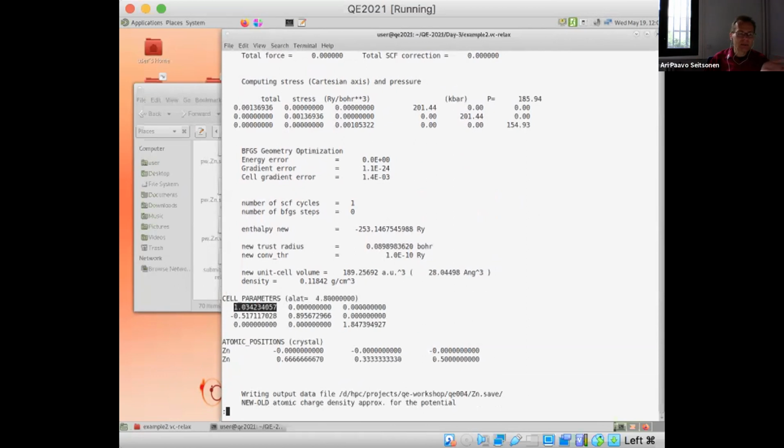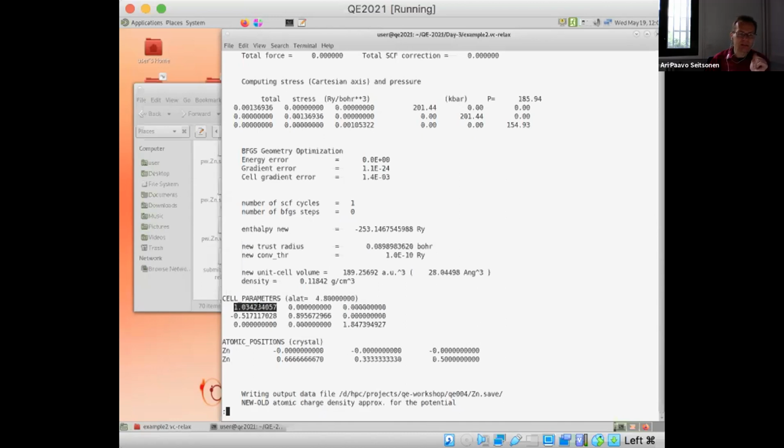And the first one, I think in all cases, starts from 1.0000, no matter which system, because these are in units of ALAT, and ALAT is always this first. So you have to multiply all these values by the ALAT to get the actual lattice constants. And again, ALAT here is in atomic Bohr units. It's not in Ångström, no matter what you gave in the input.